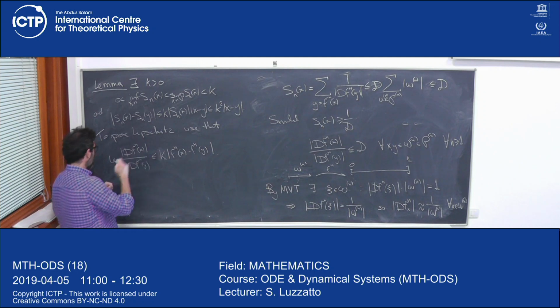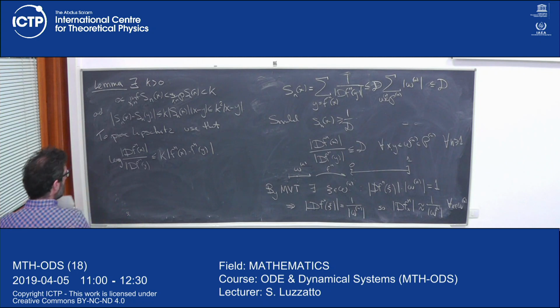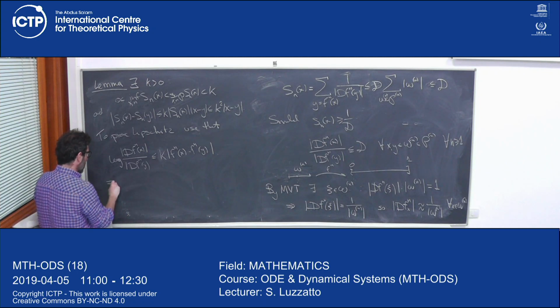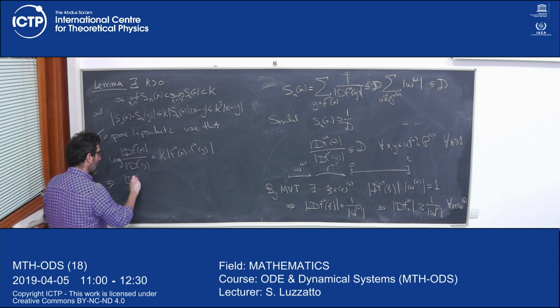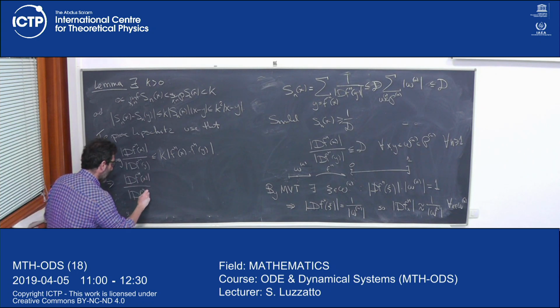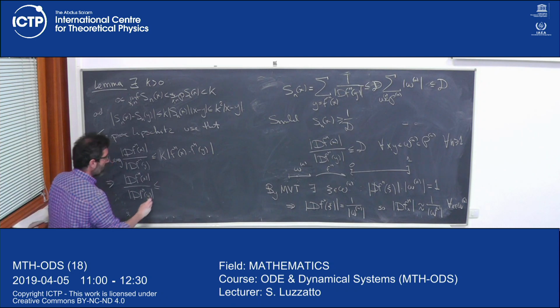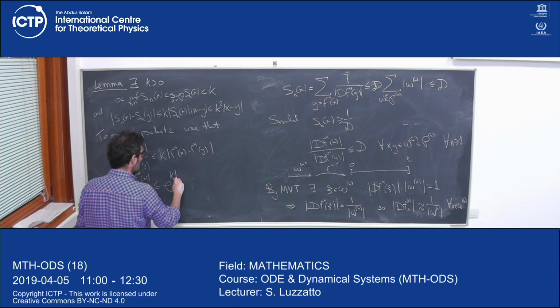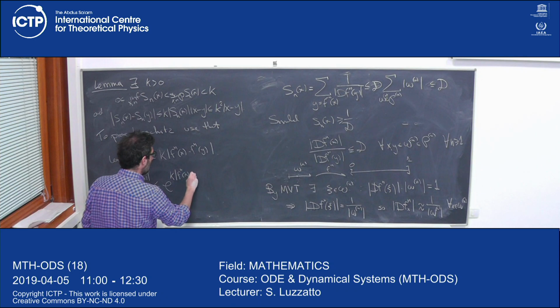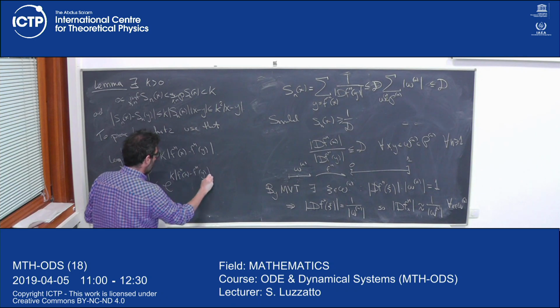So, taking exponentials again, this gives dfn of x over dfn of y less than or equal to the exponential of k times fn of x minus fn of y.